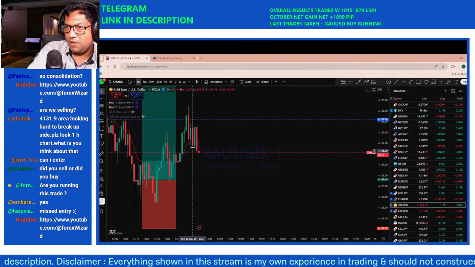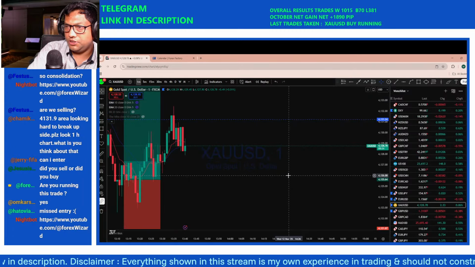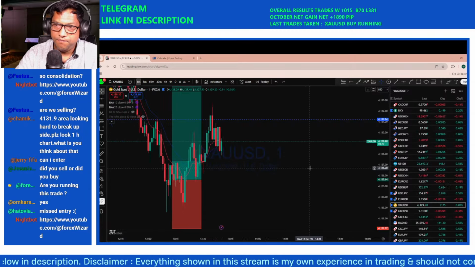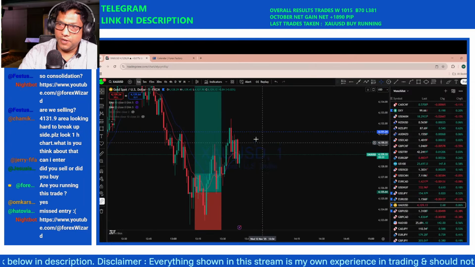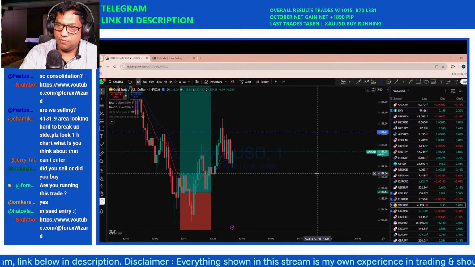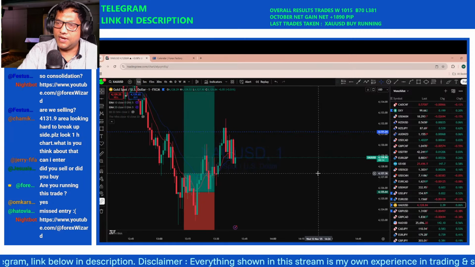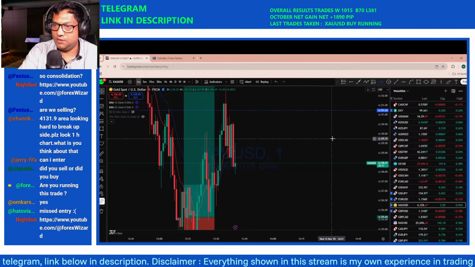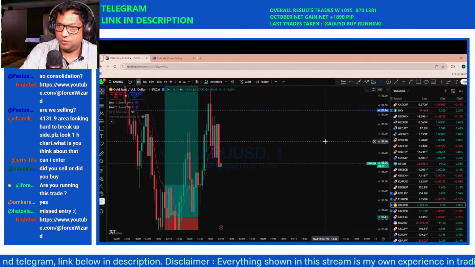So a break below, up, down, up, down. Basically it is a very complicated structure that has been made, right? Very up and down. Now ultimately one side is going to win here, either a bounce up or down.